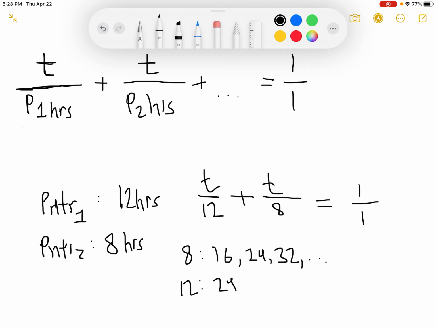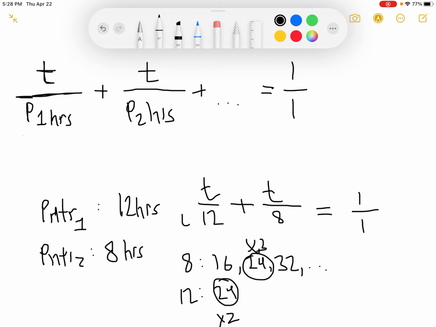There you go. So times 3 and times 2. Since that was the jackpot, ding, ding, ding, the least common multiple, all you have to do is multiply by 3 for the 8 and by 2 for the 12.